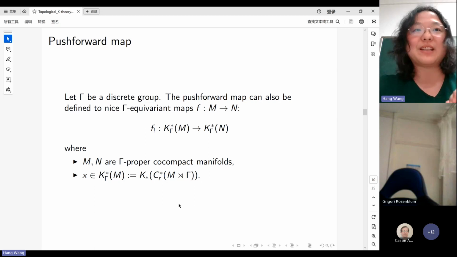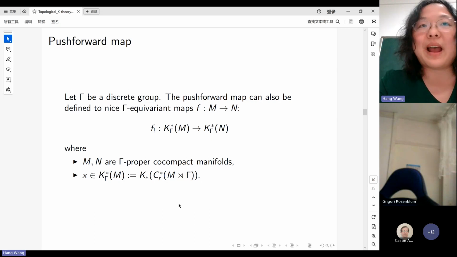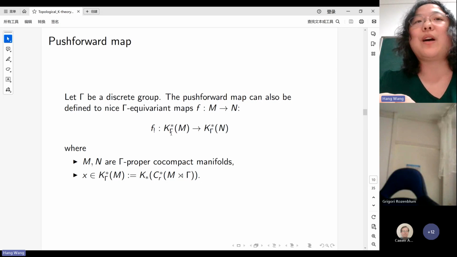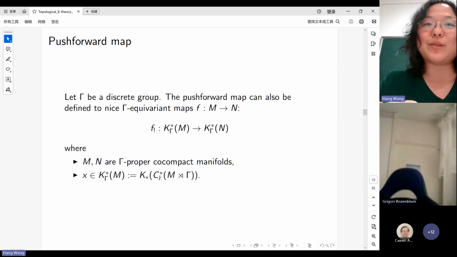Now we want to claim that for a discrete group gamma and for a gamma-equivariant map between two gamma-proper co-compact manifolds M and N, there is also a wrong-way map, or push-forward map, going from equivariant K-theory of M to equivariant K-theory of N. And here, the equivariant K-theory is a shorthand notation for the operator algebra K-theory of the reduced C-star algebra of the transformation groupoid.